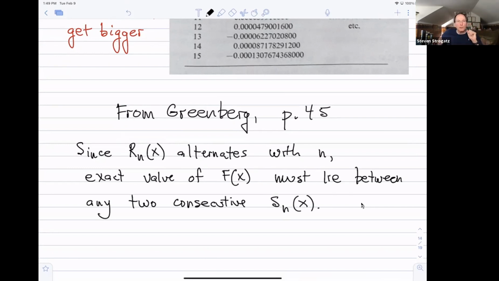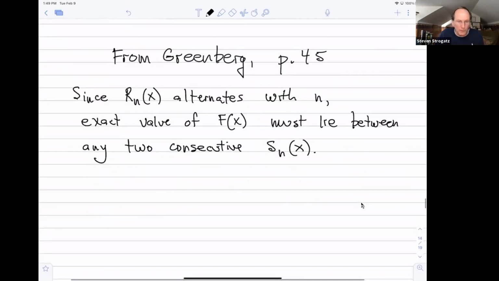Similar to the things that you use when you're proving properties of the alternating series convergence test that we teach in first year calculus. The reasoning that leads to this conclusion is the same as what you use there, except the interesting thing is that this result doesn't require convergence. This holds even though the series doesn't converge.